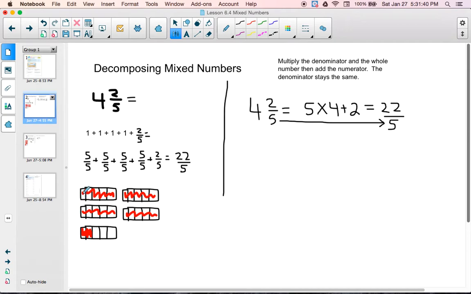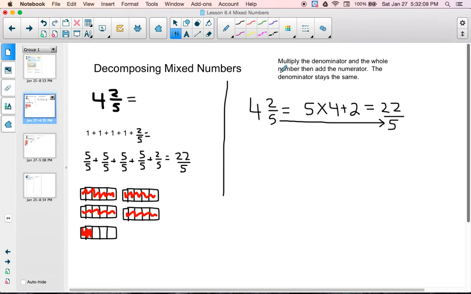Let me count each of the fifths. 1, 2, 3, and so on up to 21, 22. 22/5, or 4 and 2/5. So that's one way that you can change a mixed number into a fraction greater than 1, by decomposing it.